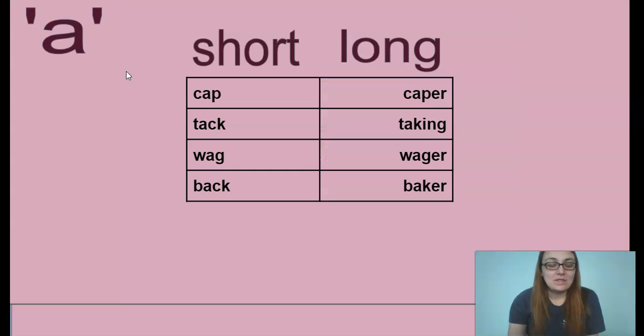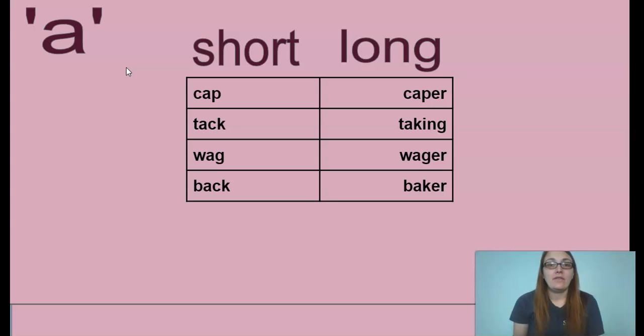Okay, when you see an A in a word, we know that it might have an A sound, the short A sound, or it might have an A sound, the long A sound. For example, cap has the short A sound, whereas caper has the long A sound. Tack versus taking, wag, wager, back, baker. So these words look very similar on the paper, however, they are pronounced much differently.